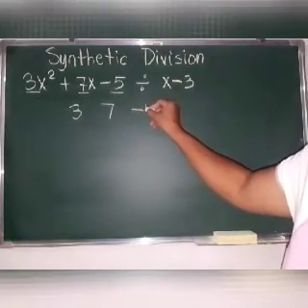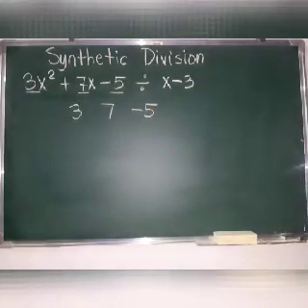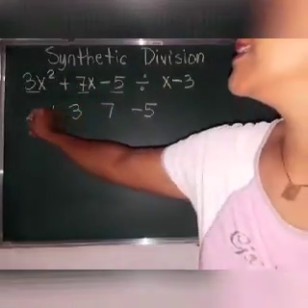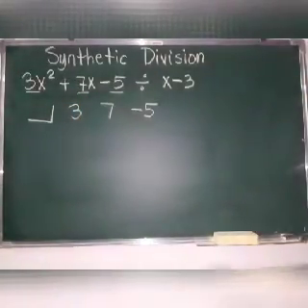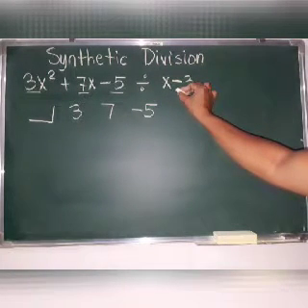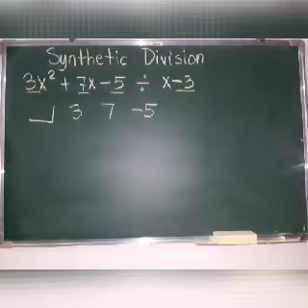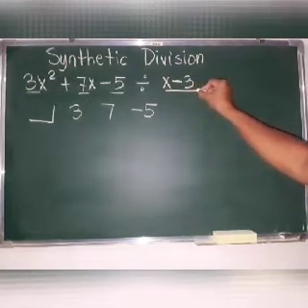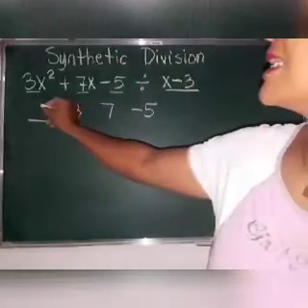Of course, we always include the sign. And then, dito on the left side, inside the box, ilalagay natin yung number sa divisor natin. But, the opposite sign. So, since this is negative 3, ang ilalagay natin dito ay 3.